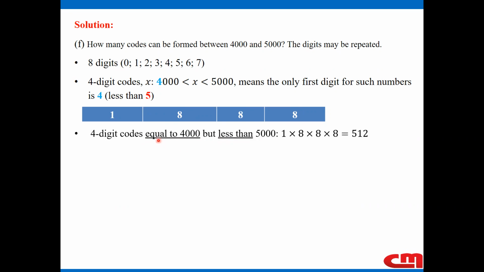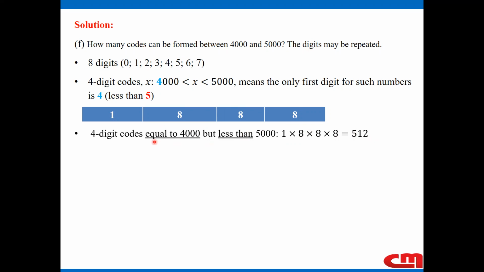If I put a 4 here, then 0, 0, 0, I have 4,000, but it cannot go beyond 5,000. So it is 1 times 8 times 8 times 8, which is 512.